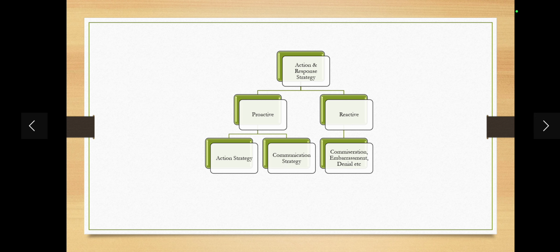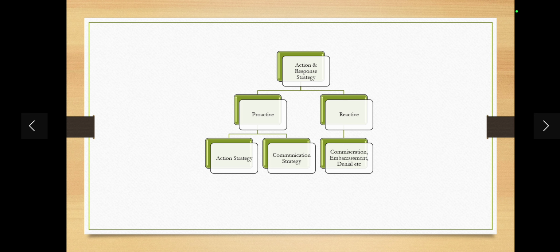We mentioned that proactive strategies are strategies that you, the organization, implement on your own without any external force forcing you to. And the reactive one is the opposite. Now, under proactive, we have action strategy and then we have communication strategy. And then under the reactive, we have commiseration, embarrassment, denial, etc.